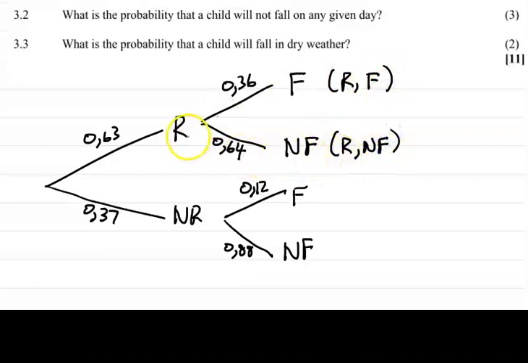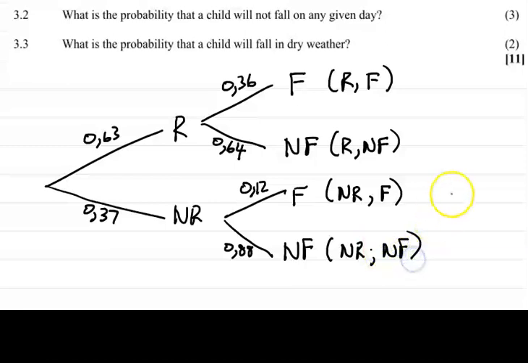So that's rainy and not falling. And this is not raining, which is dry weather, and falling. Not raining, that's dry weather, and not falling. So that's completed now, our tree diagram with the number of possible outcomes.